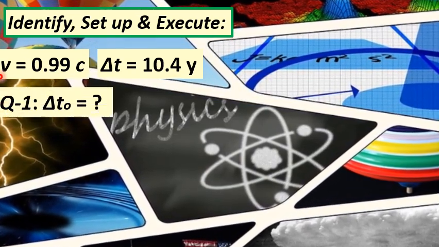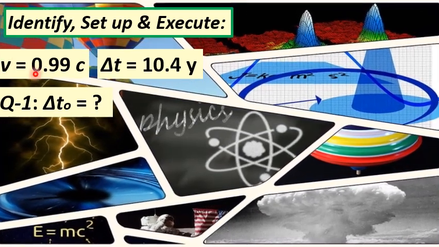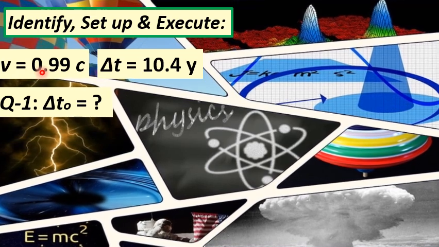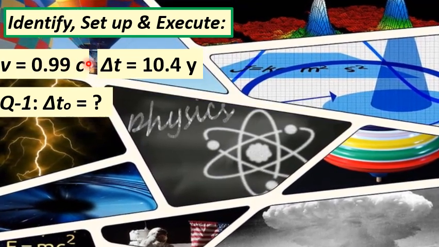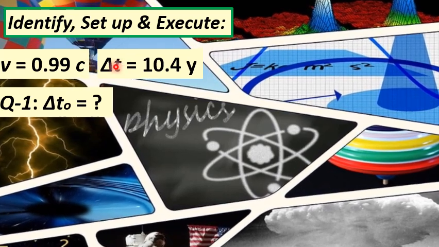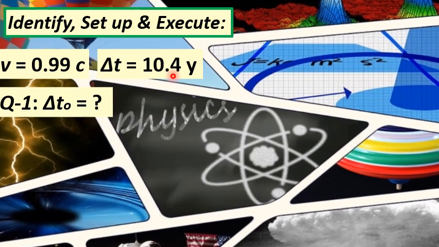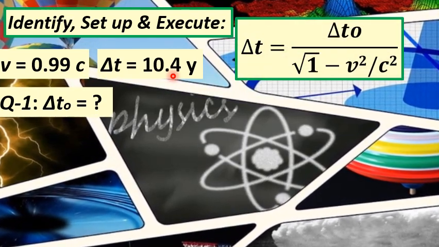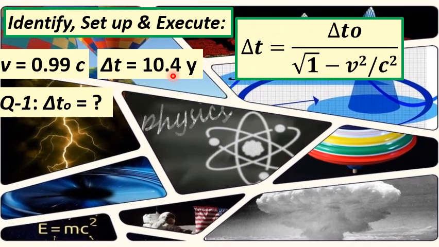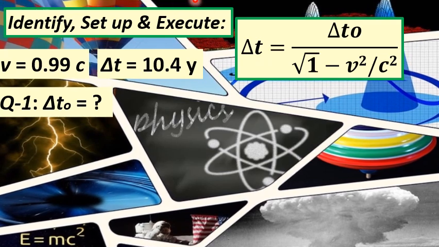The target variable is delta t naught, which is the travel time of the space traveler with respect to him, in the high-speed spaceship. And the formula that relates delta t and delta t naught is given in this equation.